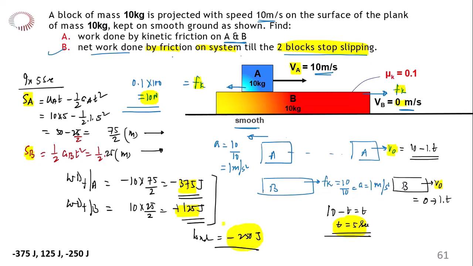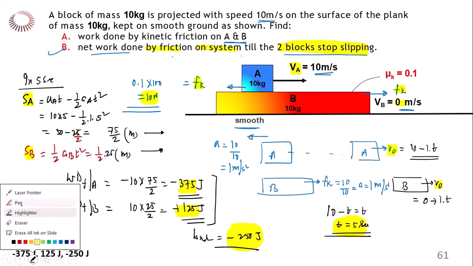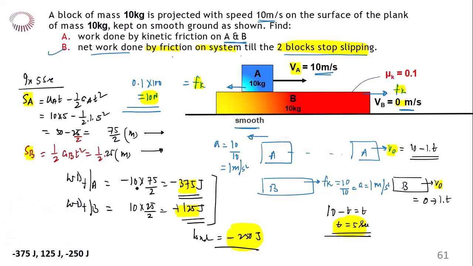If you got this number as positive by any means, that means your answer is wrong. Net work is always negative for kinetic friction. Got it? Understood? So this is the idea behind this problem. You have to be very careful about this. You can apply this concept and ultimately get the answer.